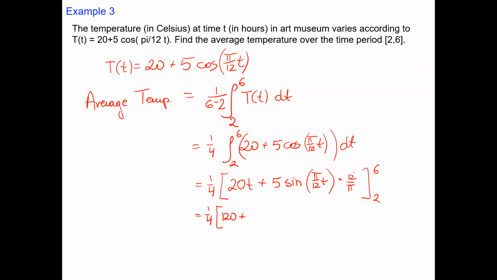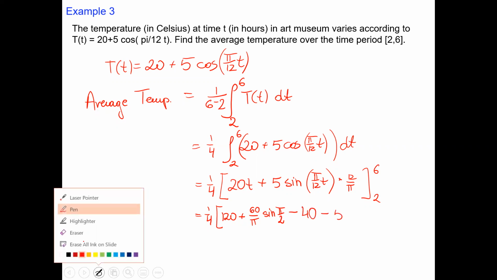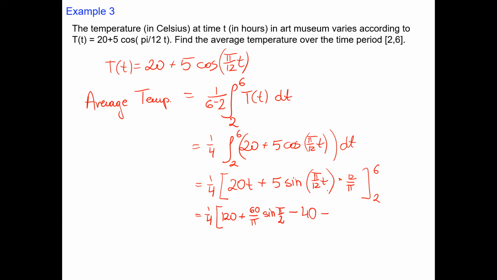It will be 5 times 12 is 60 over pi, and then sine of pi over 2, minus, multiply by 2. 2 times 20, 40, minus 60 over pi, right? I did multiply 5 times 12, 60 over pi, and then sine of pi over 6, because when we put 2.